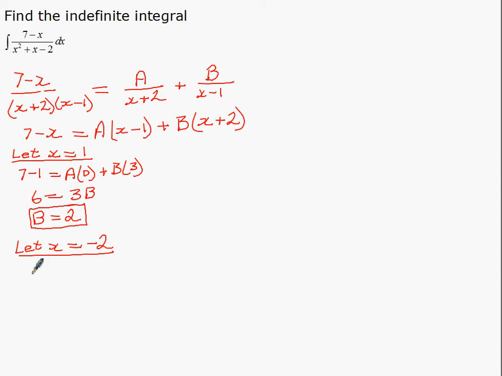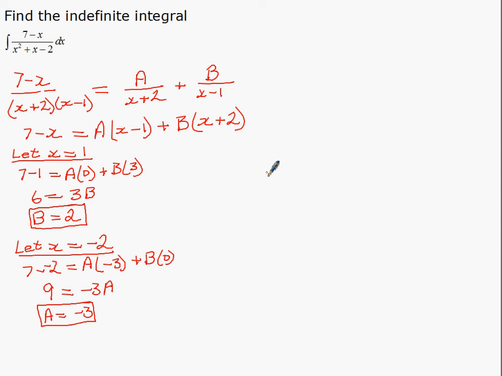So if x is negative 2, we get 7 minus minus 2 equals A times minus 2 minus 1 is minus 3 plus B times 0, giving us 9 equal to negative 3A, which means A equals negative 3. So there's our A and our B.